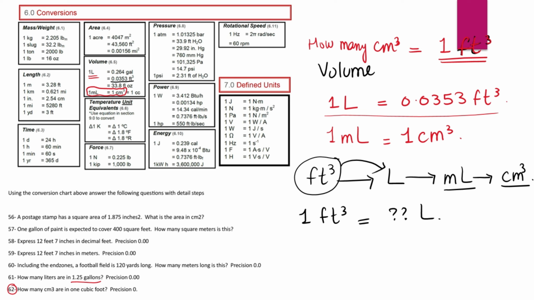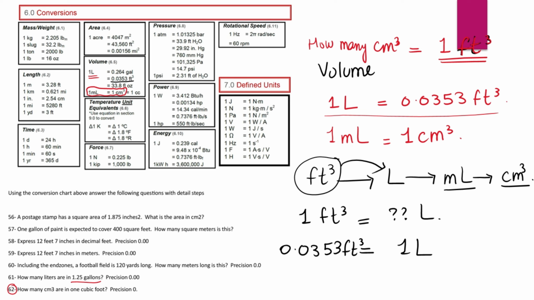We know the conversion, which is 1 liter is equal to 0.0353 feet cube.